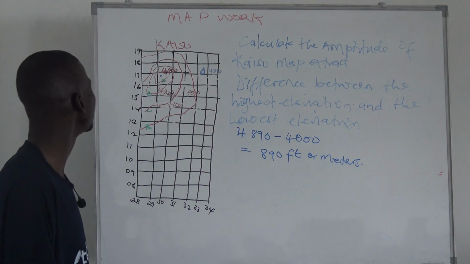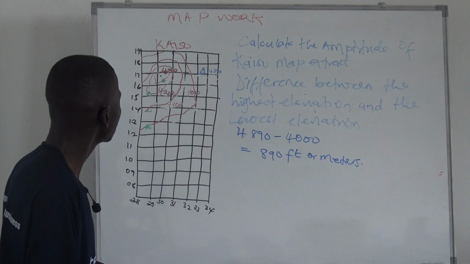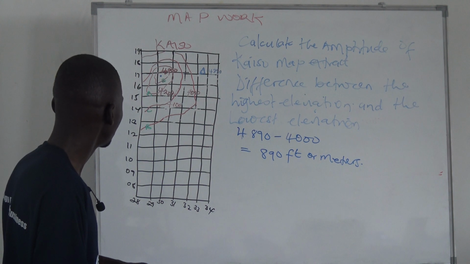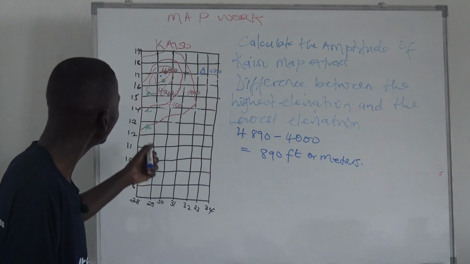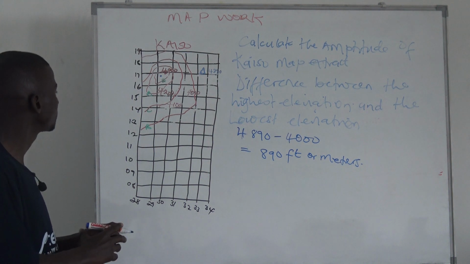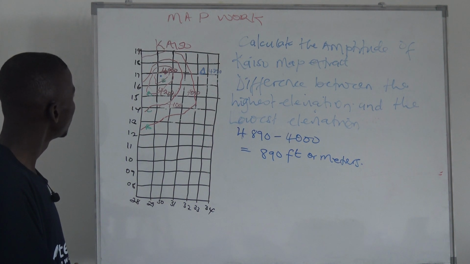While the difference between two successive contours is referred to as the vertical interval. If this is clear, we can go ahead to other things.